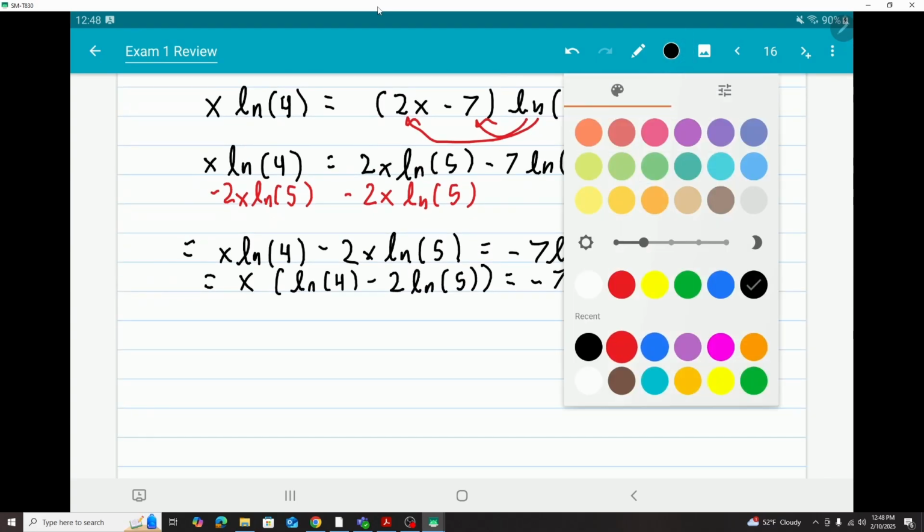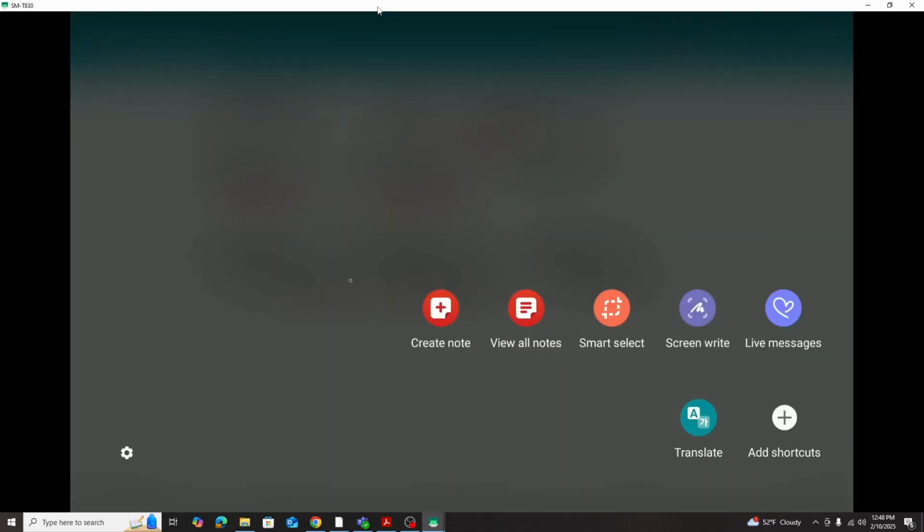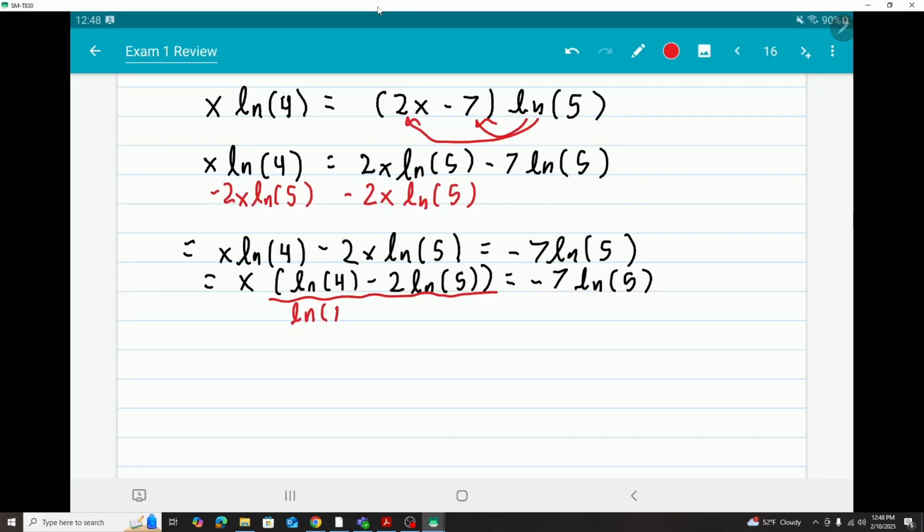And now, again, this looks really weird, like the natural log of 4, natural log of 5 stuff. But those are still just numbers at the end of the day. So I can divide both sides by natural log of 4 minus 2 natural log of 5. Do the same thing on this side, natural log of 4 minus 2 natural log of 5.